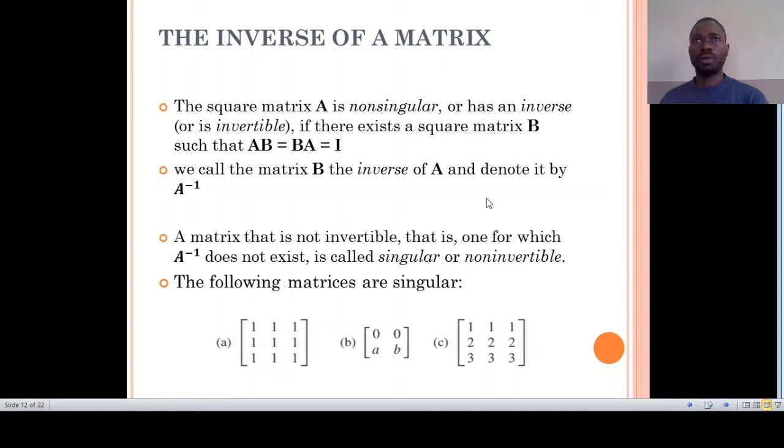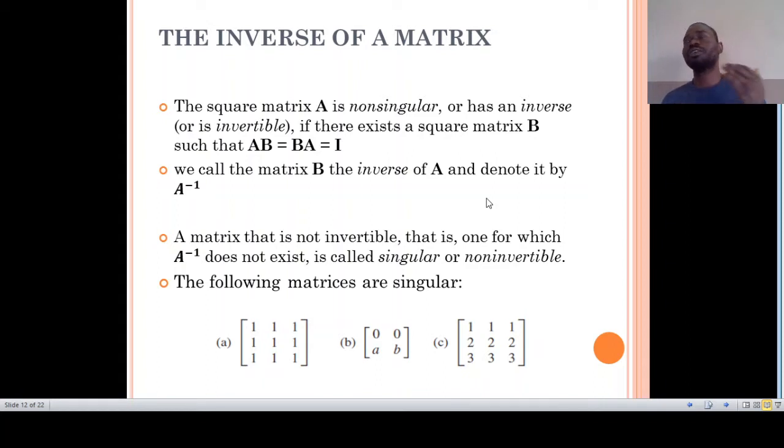In arithmetic operation, we have addition, multiplication, subtraction, and division. Let me just give you this way. The division in traditional arithmetic operation is the same thing as inverse in matrix, because we don't really have division in matrix. The alternative is inverse.